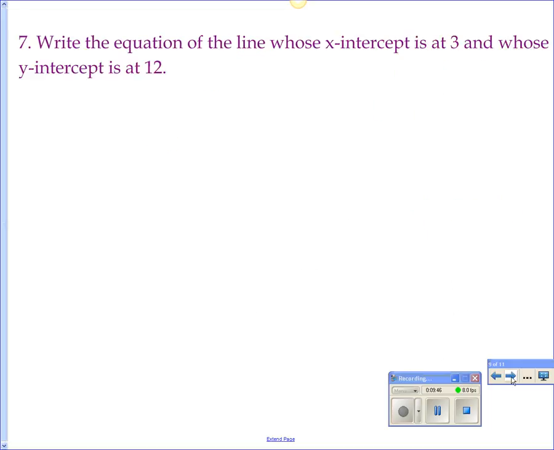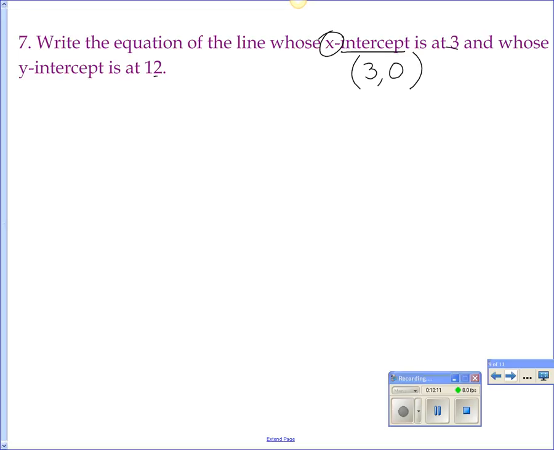All right, number 7, write the equation of a line whose x-intercept is 3 and whose y-intercept is at 12. Okay, the first thing you need to do is make points. X-intercept is 3 comma 0. So don't put the 3 and the 12 in the same parentheses. It's two separate points.